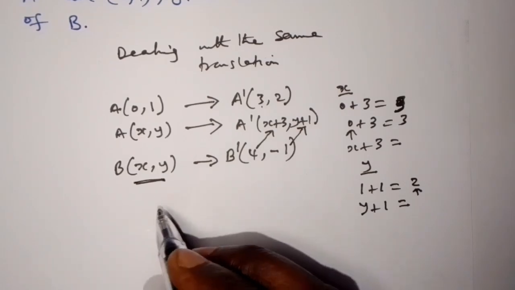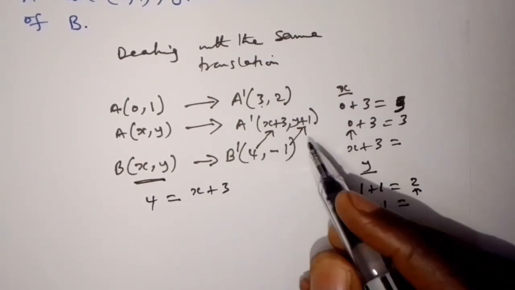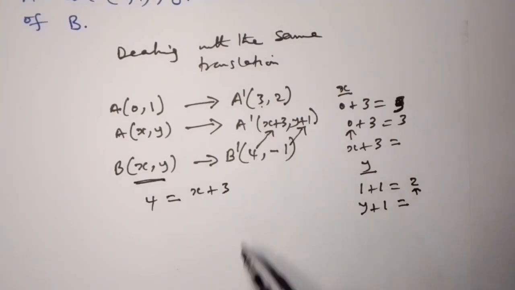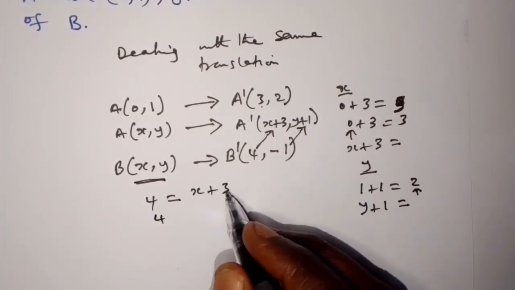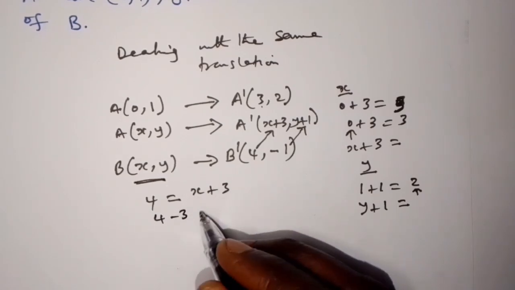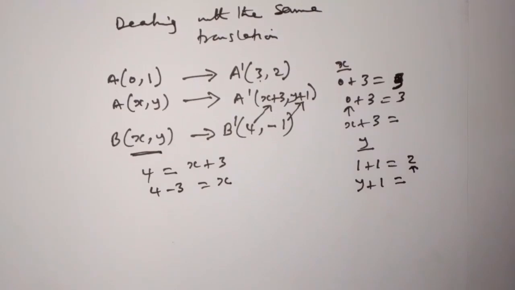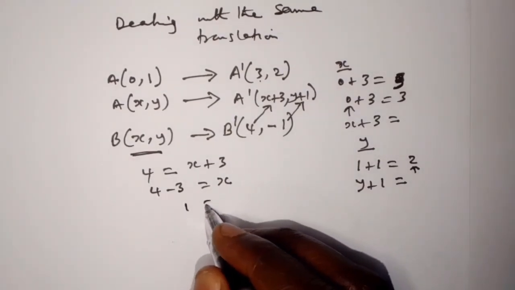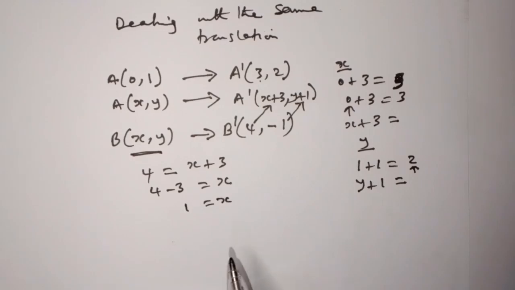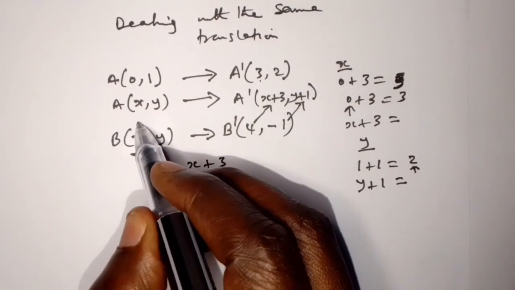So 4 is equal to x plus 3. 4 minus 3 is equal to x. 1 is equal to x. So our x is going to be 1.